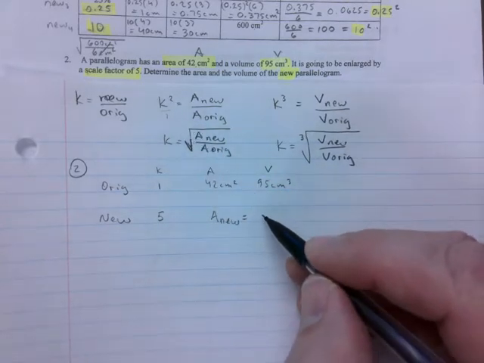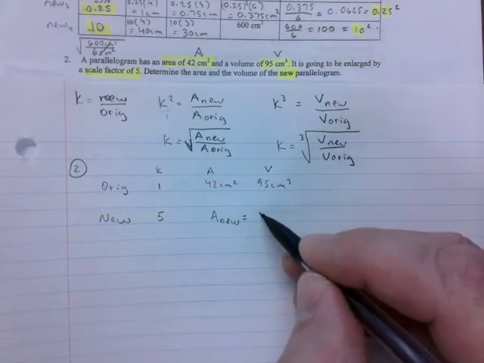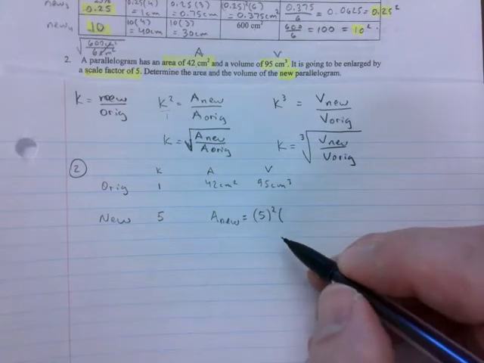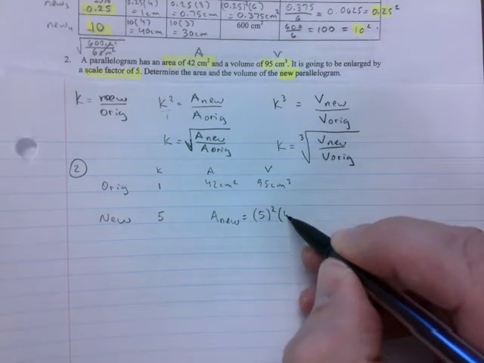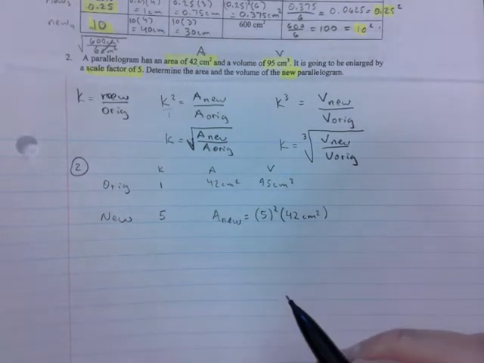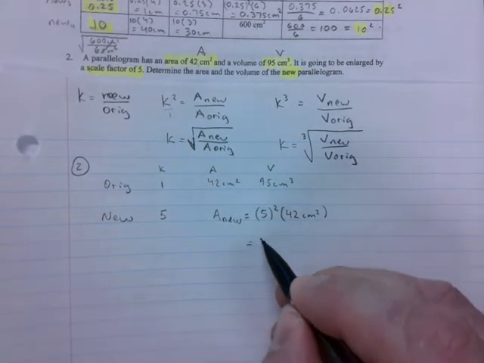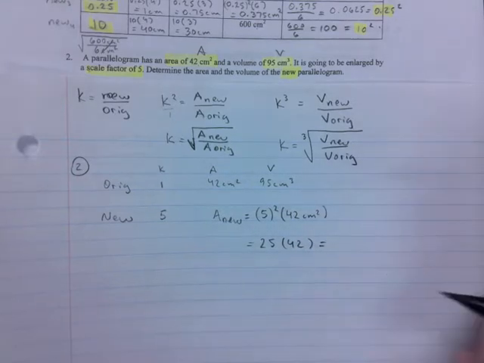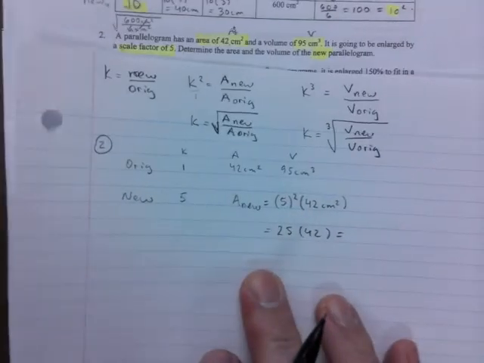Okay, so here we go. Area of new is k squared times the area of the original, which is 42 centimeters squared. So we're going to end up with centimeters squared. So that is 25 times 42.